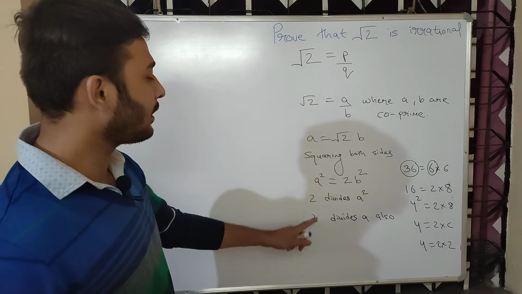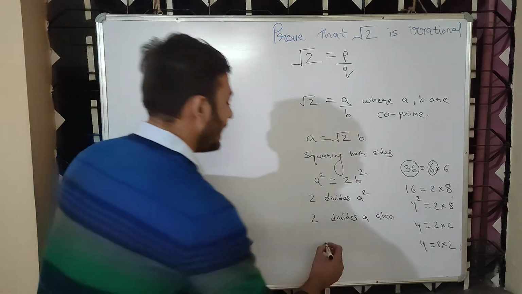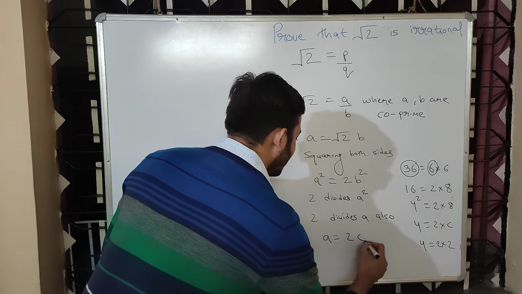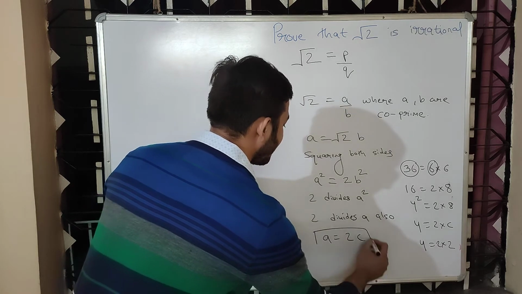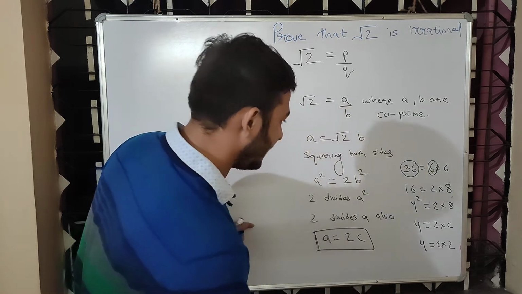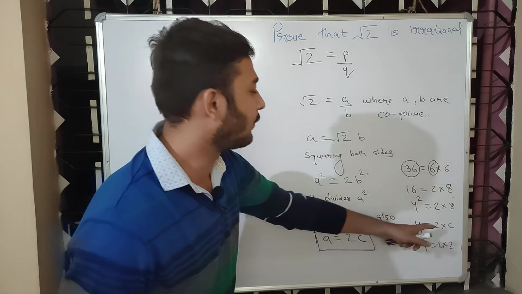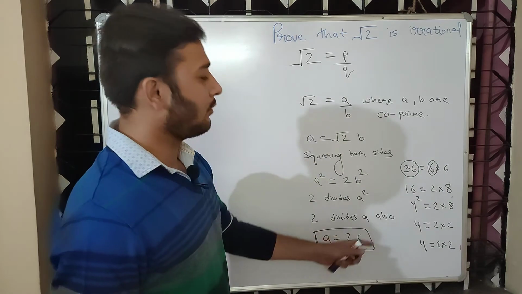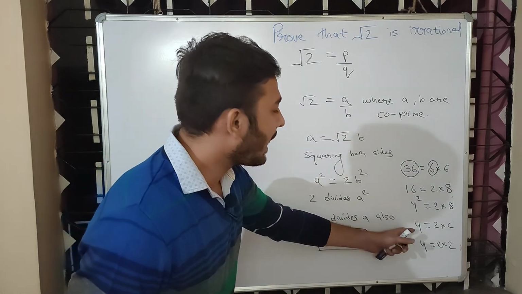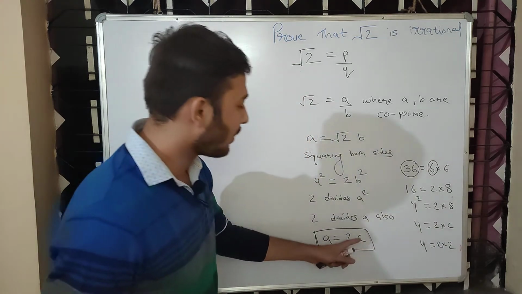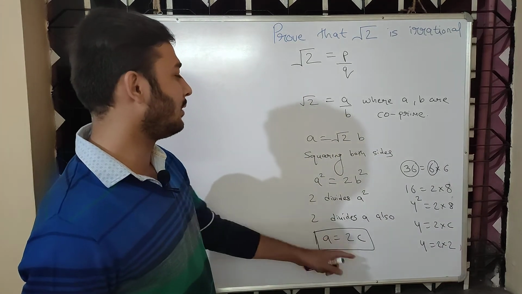Similarly, if 2 divides a, I can write a as 2 into something, say c. Here, this something is 2, but for a I don't know what it is. So let a be equal to 2c.